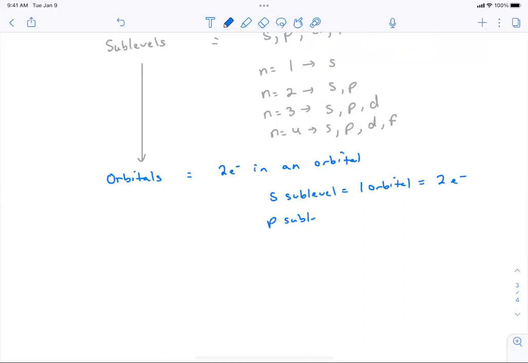A P sublevel has 3 orbitals, so it can hold 6 electrons. D sublevel, 5 orbitals, 10 electrons. And that keeps going down as many letters as you need to go. You add 2 orbitals every single time you go down to the next energy level. So F would be 7 and 14.